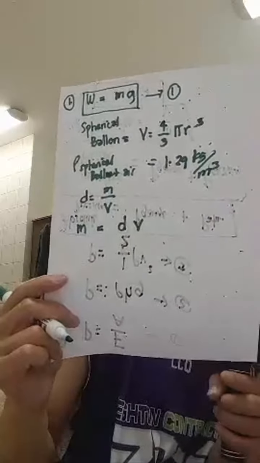So in here alone, we can solve for the mass by using the formula density is equal to mass over volume. So the mass of the spherical balloon will be equal to the density times the volume of the spherical balloon. We need this mass for the weight.